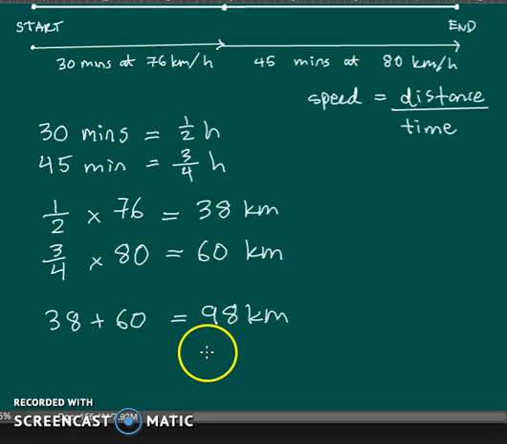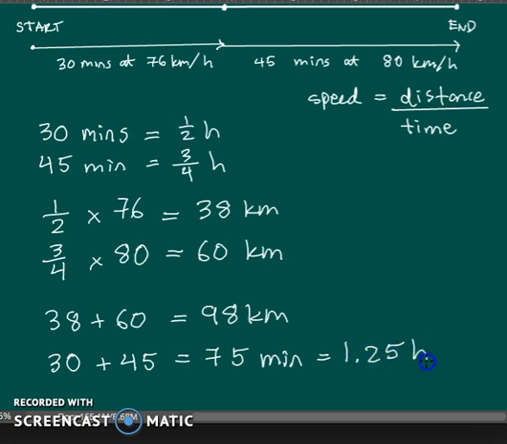And how long did it take her? 30 minutes for the first section and 45 minutes for the second section, which adds up to 75 minutes. And we can also express that as 1¼ or 1.25 of an hour. So now we have all the ingredients that we need in order to calculate speed.